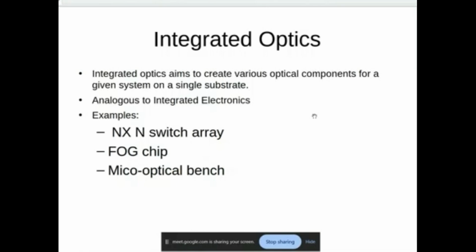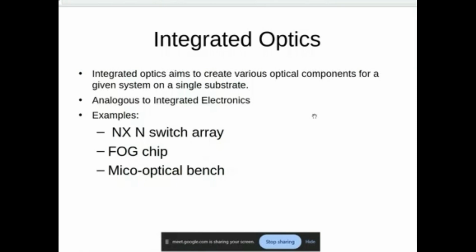So I would like to now touch upon what is integrated optics. You can compare integrated optics to integrated electronics. In olden days, during the 80s or so, in electronic circuits, we used to work on a breadboard or a PCB, and then put many components and make the system.